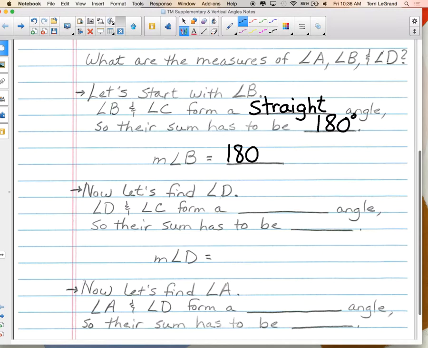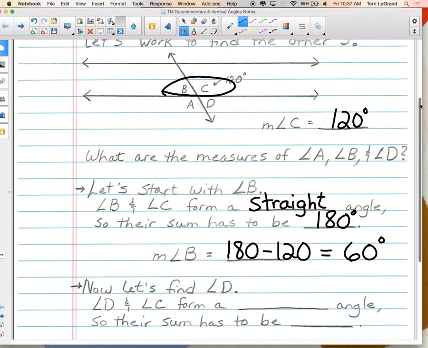So if we take that 180 degrees and subtract how much we know its partner is, that should tell us how much angle B measures. Is 180 minus 120, 60 degrees? Is that right? 60? Okay. Well, now we should be able to go up in our drawing and say, guess what, folks? We now know that this one is a 60 degree angle. We just found the measure of that one.